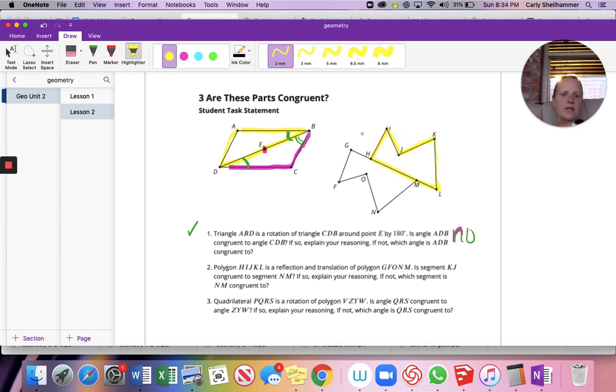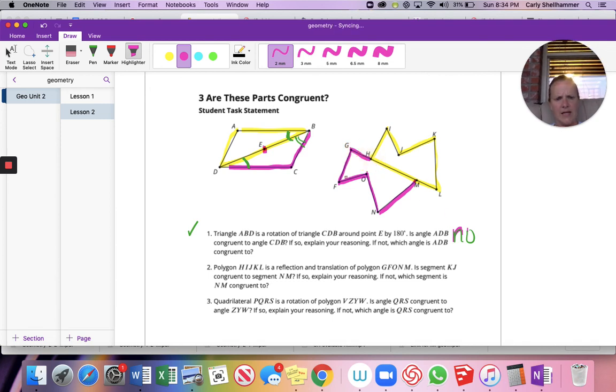Okay, yellow is a reflection and translation of the other one, which I can do in pink. So the pre-image is pink. If I do it in segments, then I can erase in segments.